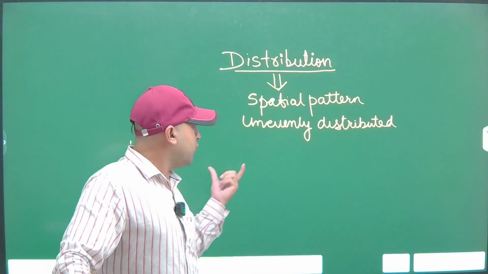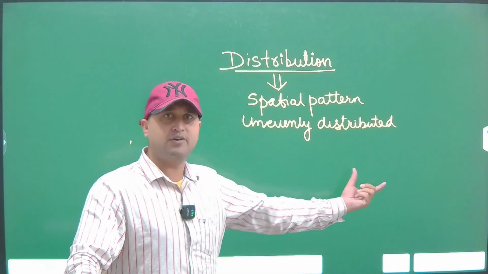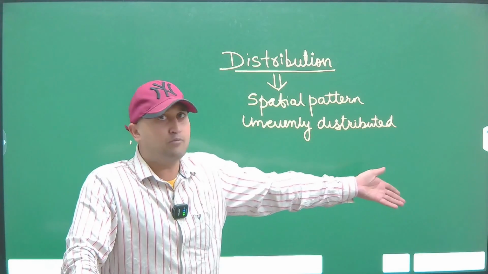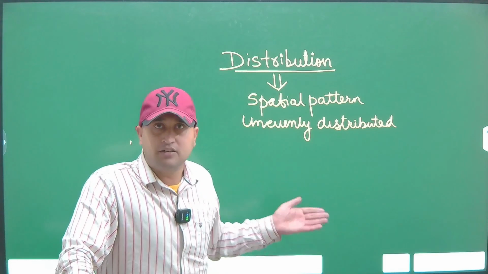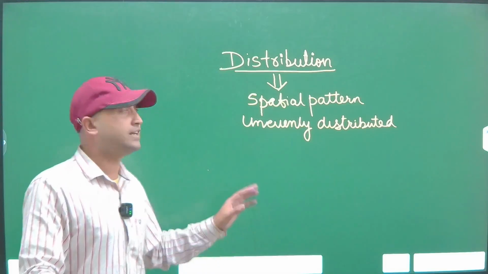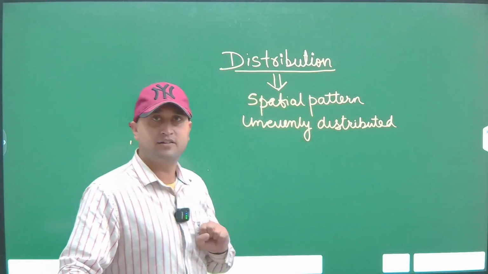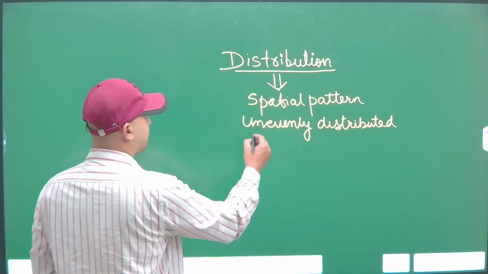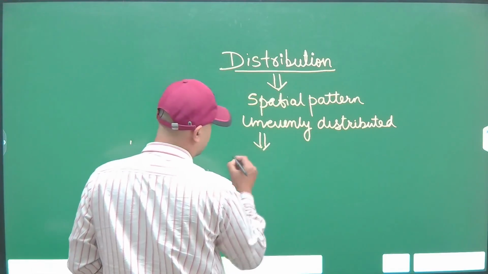Why don't they have a uniform population? They do not; the population is unevenly distributed. And why? The first factor is the physiographic reason.